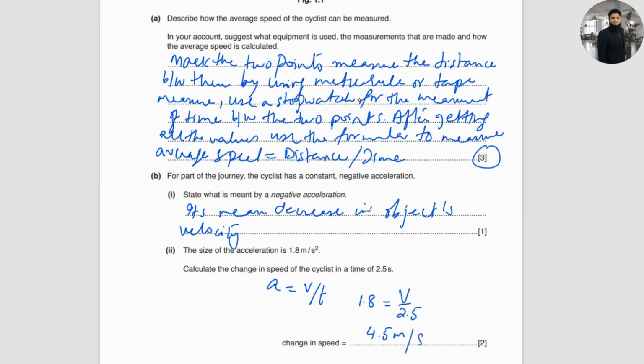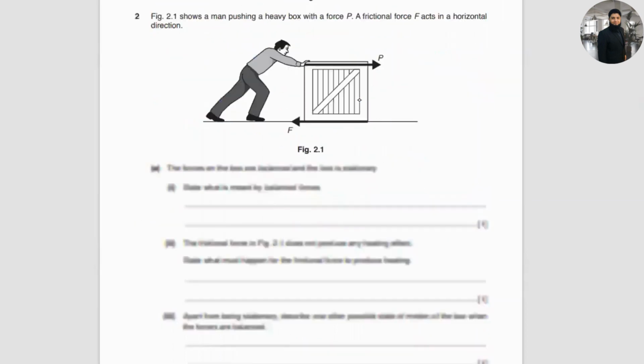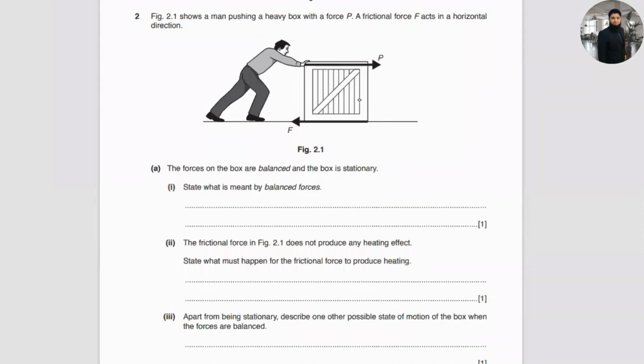Right? So this question comprises of 6 marks. Now, figure 2.1 shows a man pushing a heavy box with a force P, and a frictional force F in a horizontal direction. In this diagram, you can see there are two forces acting on the box.